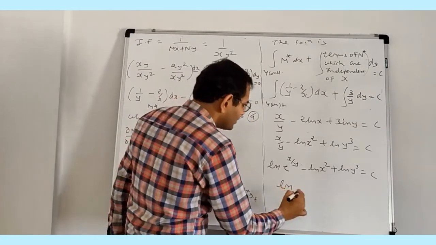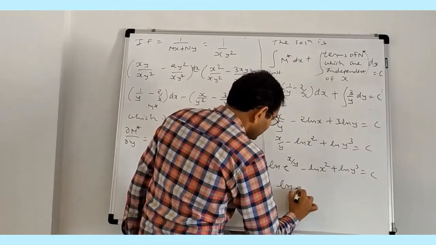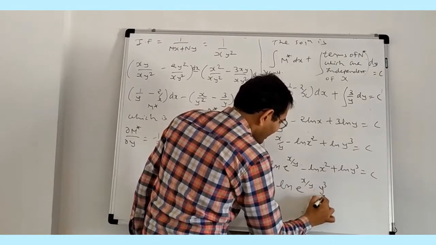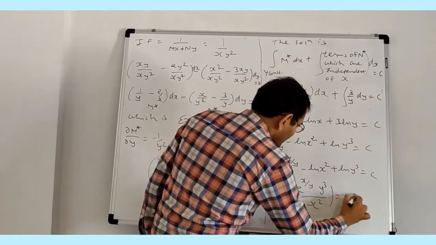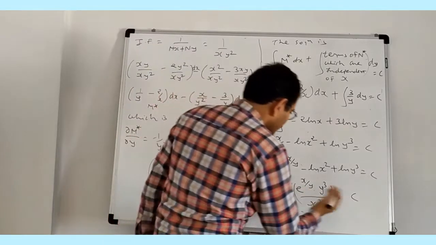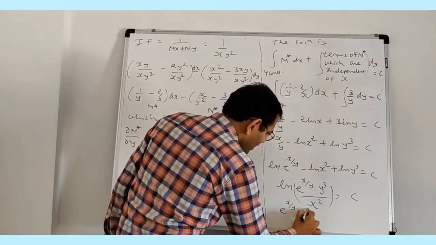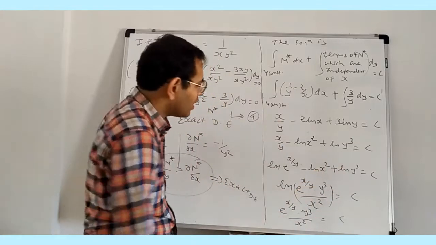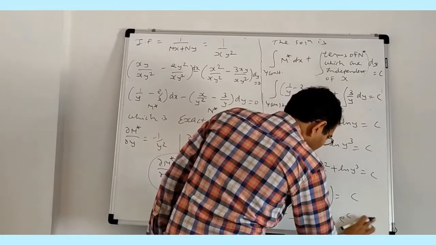Then we can write ln of e raised to x by y into y cube divided by x square equal to c. Then taking anti-log, e raised to x by y into y cube upon x square equal to c, because here c is e raised to c.